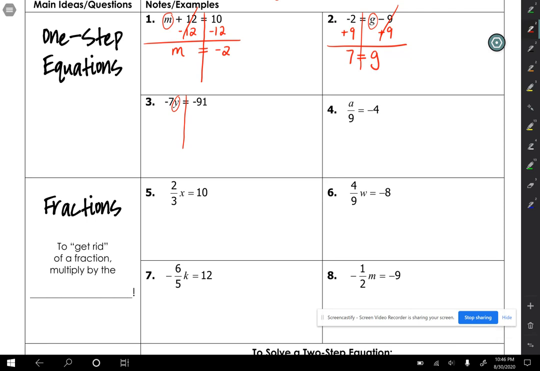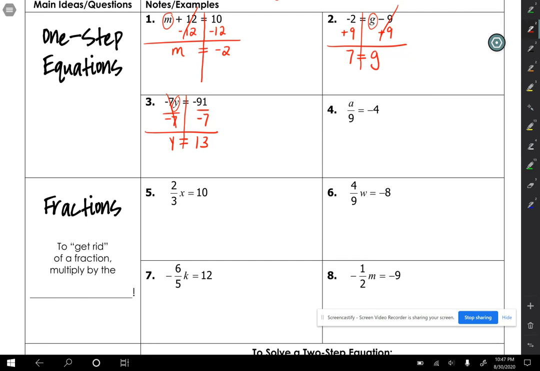So to get the negative 7 to go away, I need to divide by negative 7 on both sides. Okay? The negative 7s cancel each other out. y equals. Negatives cancel each other out. My answer is going to be positive 13. y equals 13 is my final answer.